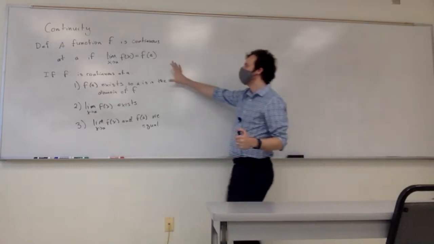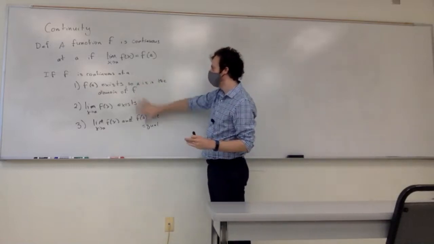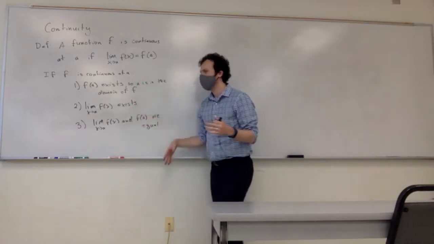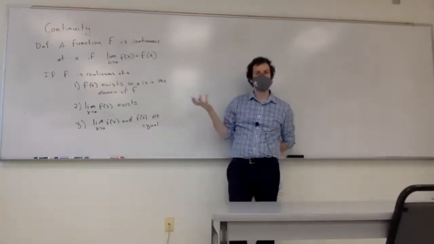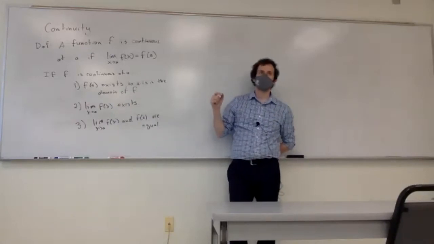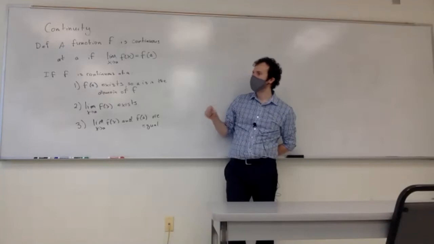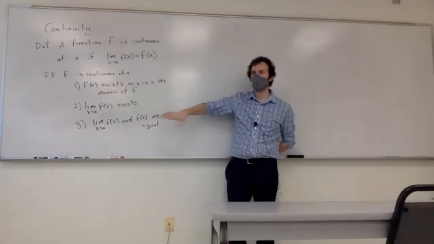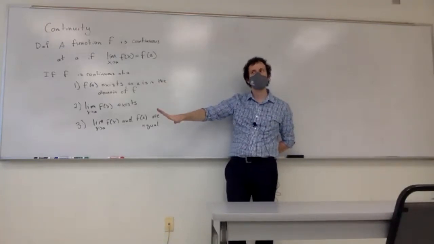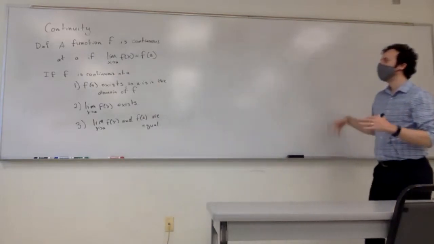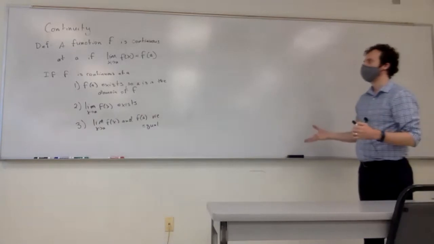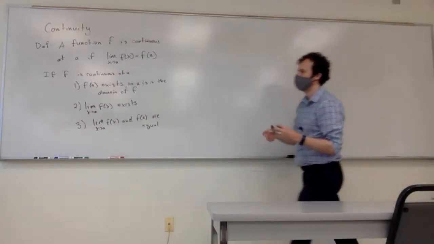The reason for laying it out like this, which you might think of as overkill, is that if we turn this around and wonder where a function is not continuous, then we can say if any of these three things are broken, if they're not true, then your function isn't continuous there. So these are really laying out what things you're looking for where a function might not be continuous.